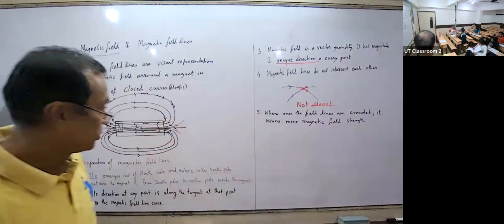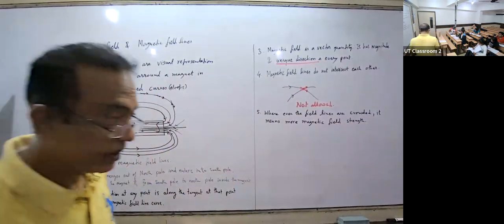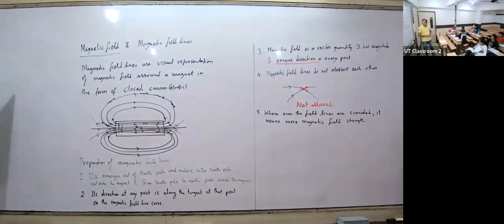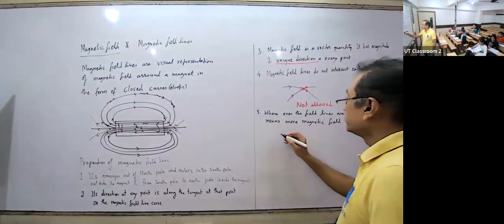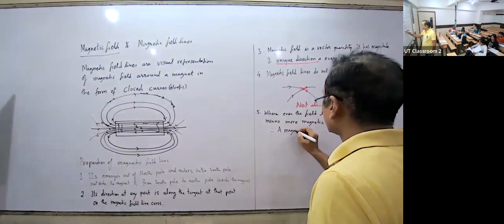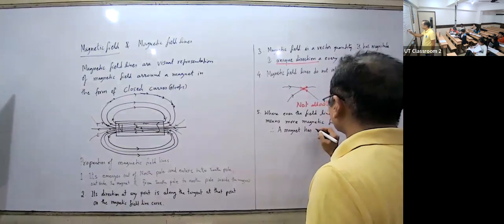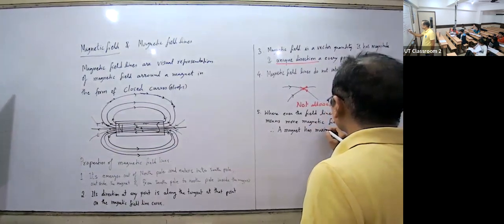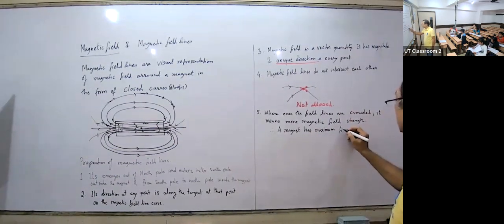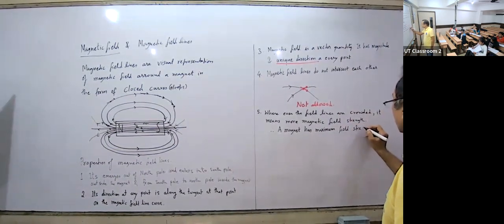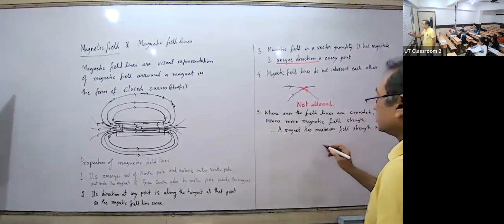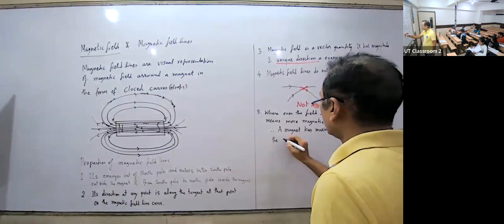Okay, so if you see the diagram, where the magnet has maximum field strength, therefore, a magnet has maximum field strength here at the poles.